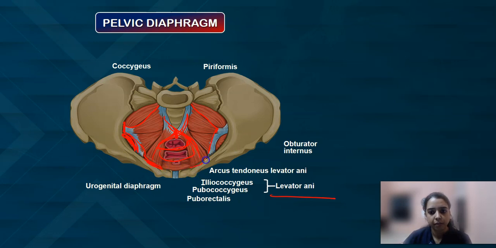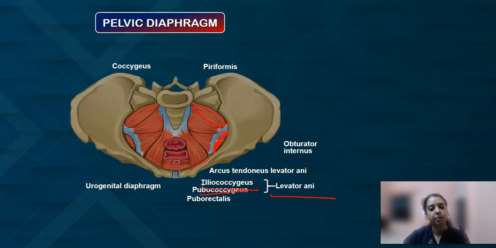Now levator ani is such a big muscle, so it has been divided into different parts depending on where it originates. The part originating from the pubic symphysis is called pubococcygeus, a part of levator ani. Then one arising from the ilium, this white line on the ilium, is iliococcygeus, again part of levator ani. One arising from the ischial spine is ischiococcygeus.